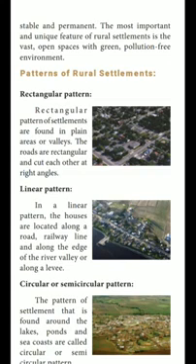So, these different 7 patterns we want to draw and explain. So, first one, rectangular pattern, linear pattern, circular or semicircular pattern, star-like pattern, triangular pattern, T-shaped, Y-shaped, cross-shaped or cruciform settlement, and last one is the nebular pattern. So, one by one about that we can see that.